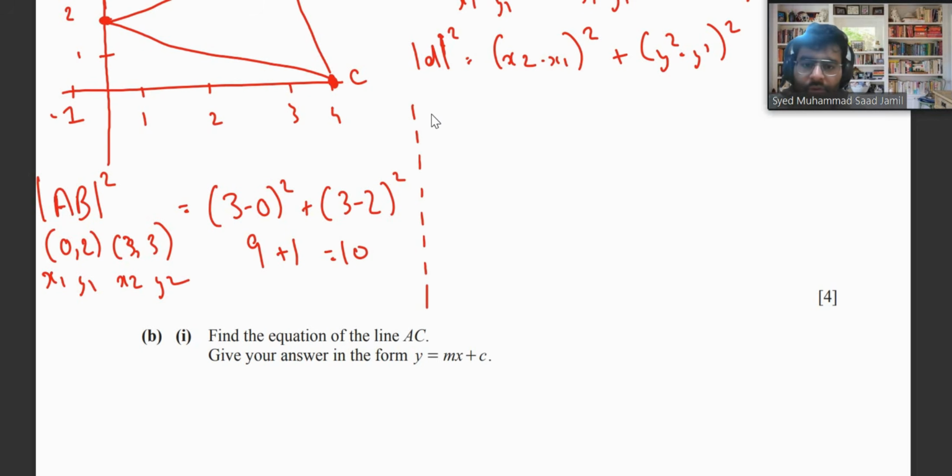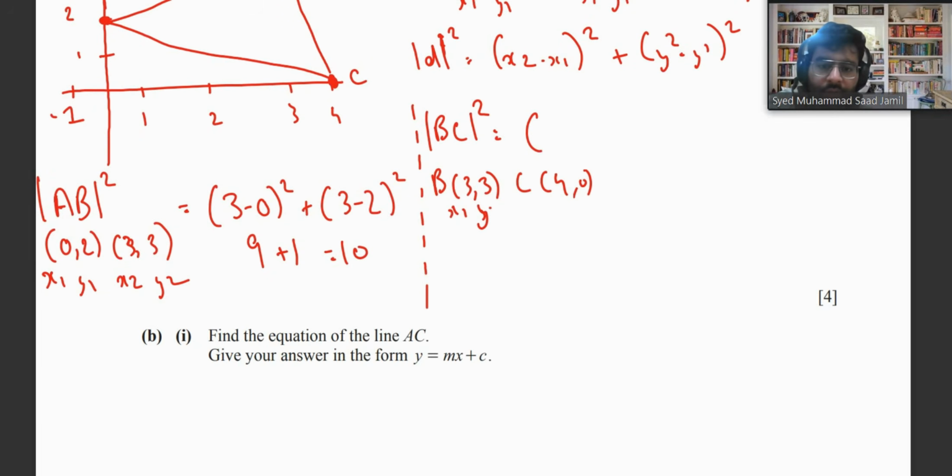Now we will solve for BC. Again, let me take the coordinates of B, which is 3 comma 3. C is 4 comma 0.